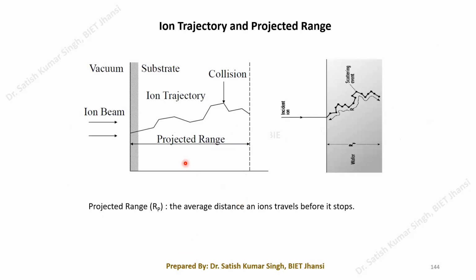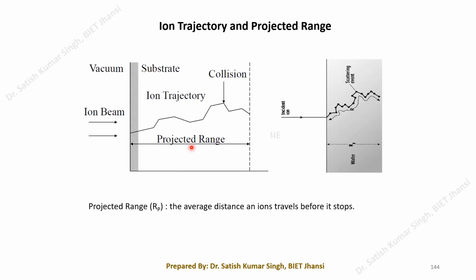So when we are bombarding the ion beams of a certain dopant material, obviously our substrate is a silicon substrate, and this silicon will have a particular arrangement of the atoms.